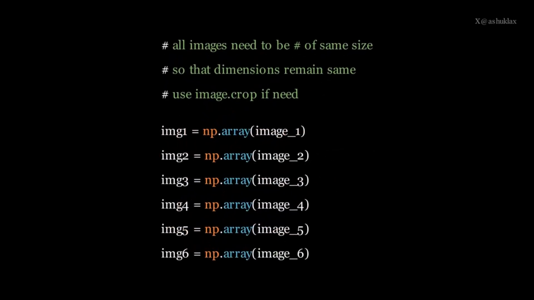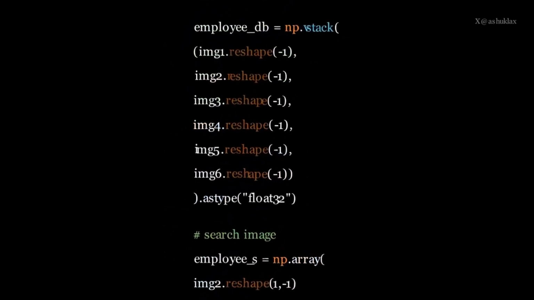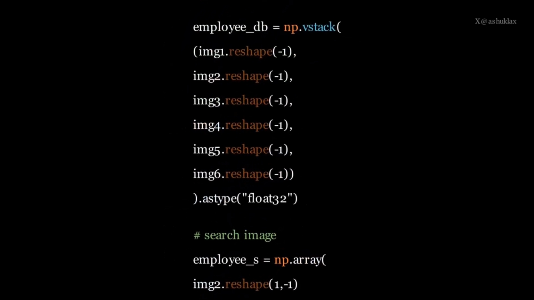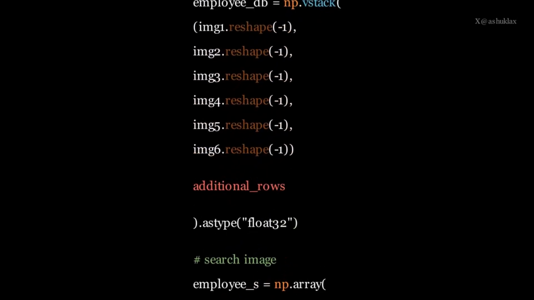If you recall from the previous section, these are the 6 images we already had in image arrays. Just like we mentioned in the last step, we will flatten these images and stack them together. However, this time, we will add the flattened version of the new additional rows we created, so after you execute this step you will have 10,000 plus 6 images in the image vector array.